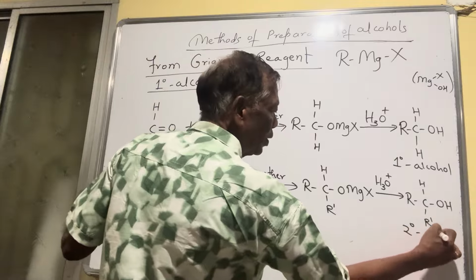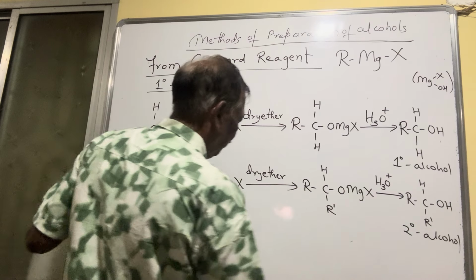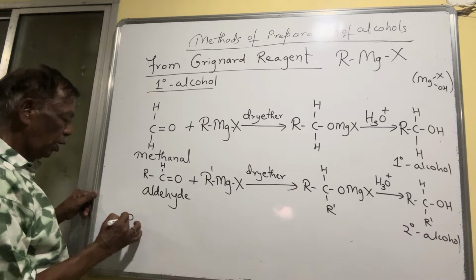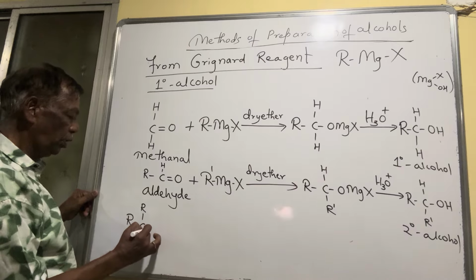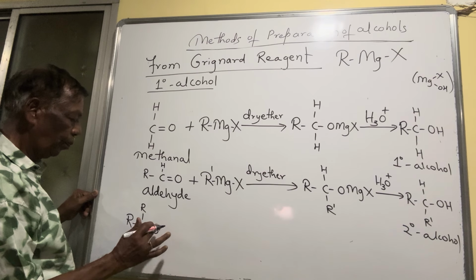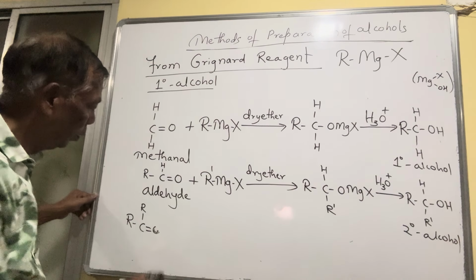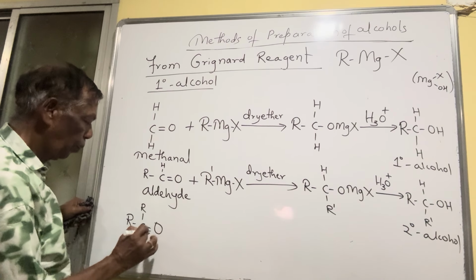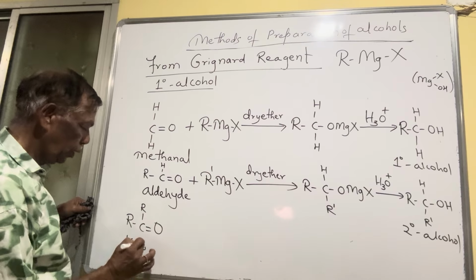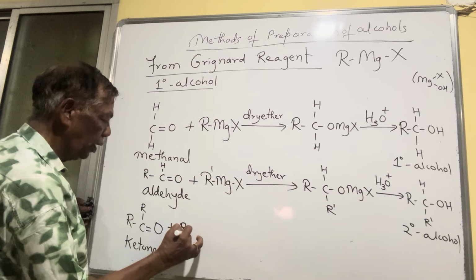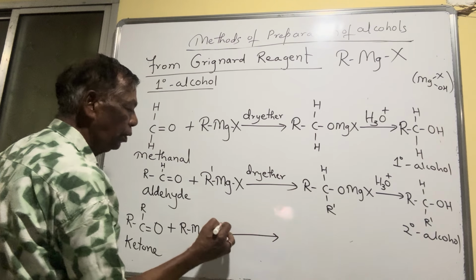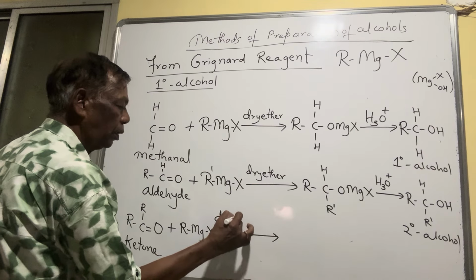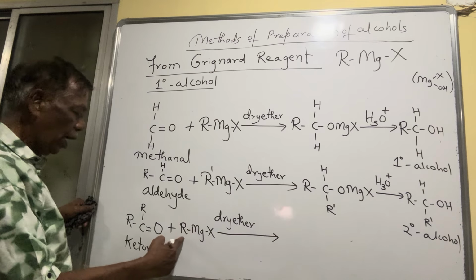Now tertiary. If you take Grignard reagent with this ketone, RCOR. Okay, let us say that this is ketone. So ketone treated with Grignard reagent, RMgX, dry ether. What will happen here? R will be added here.